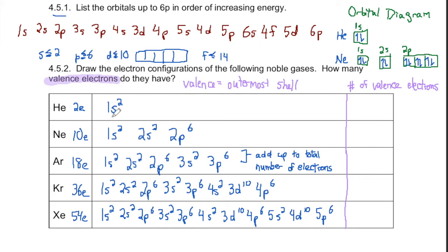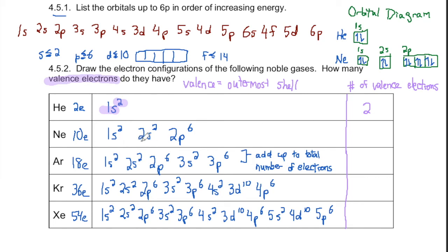So for helium, the outermost shell is 1. It doesn't have any 2s electrons, so the outermost shell is level 1, and there are 2 electrons in level 1. So helium has 2 valence electrons.